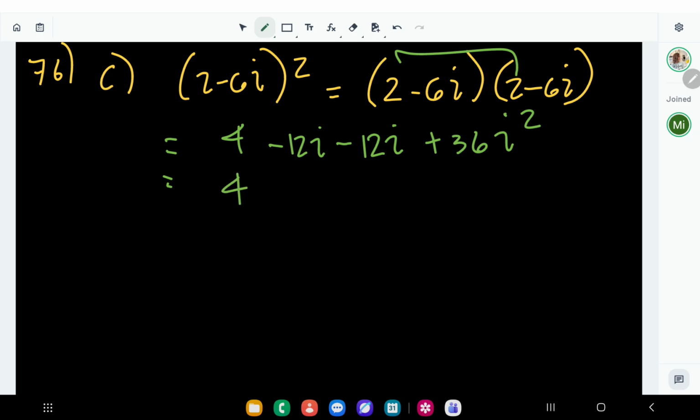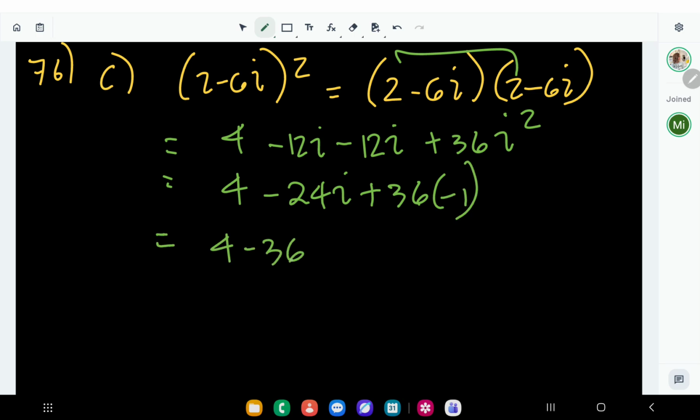So 4 minus 24i plus 36 times negative 1. So this is 4 minus 36 minus 24i. So that is negative 32 minus 24i. Is that correct? We did it correctly.